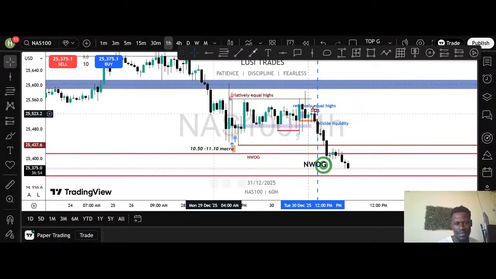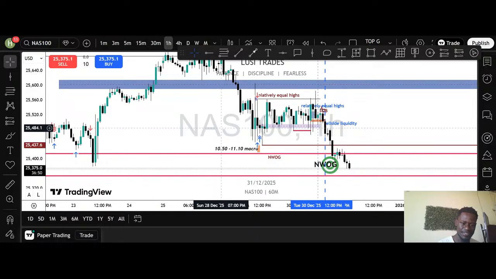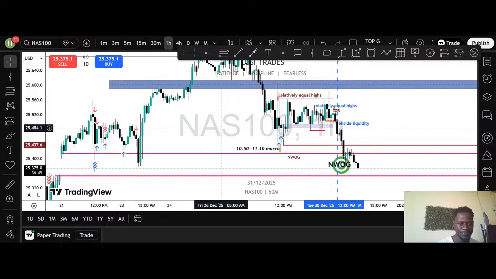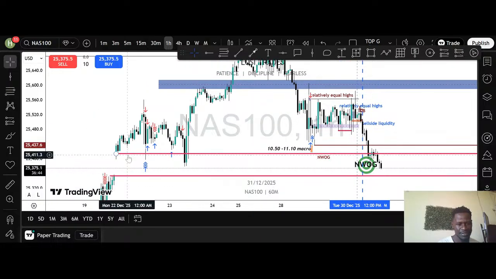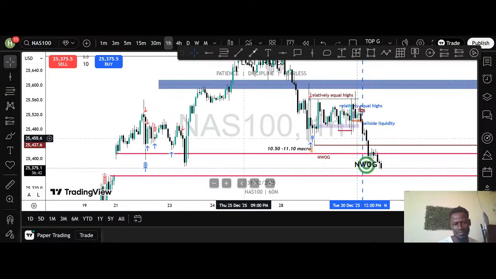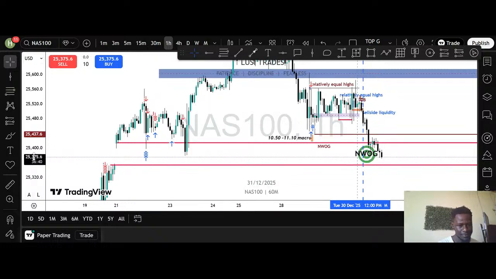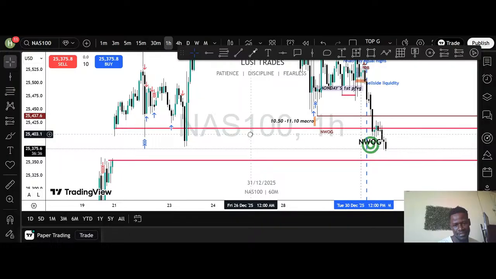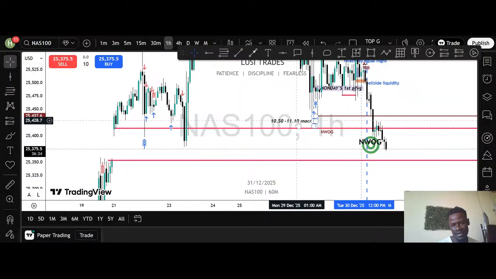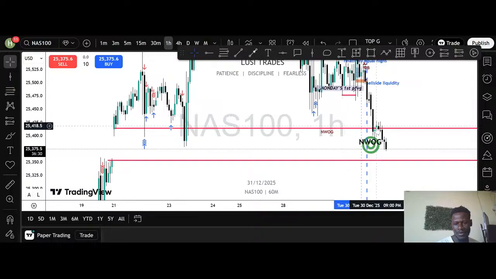Right now I'm having these two levels. This is the new week opening gap, and because it's the London session and we are trading inside this level, what I want to do is simply mark the quadrants of this new week opening gap.